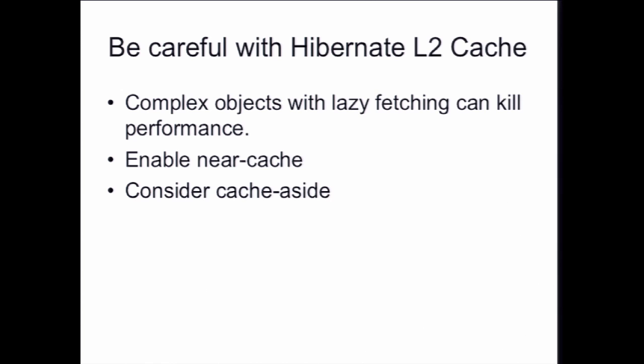So eventually you might be making 20, 50 cache calls to create the complex object. So it may cost way more than just reading from the database. So just be careful. We got better performance for some of our customers by using cache aside instead. If you can enable near cache, it might help, but cache aside might also be a very good strategy here.